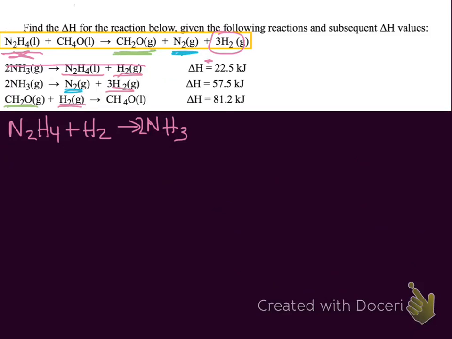So that means I've got to flip this reaction over. That also makes sense for the CH4O. If we look up here, this one's on the product side, this one's on the reactant side, so we'll flip it. When we flip it, that means we're going to make this a negative. That's my negative sign, and I'm just going to rewrite this flipped over.